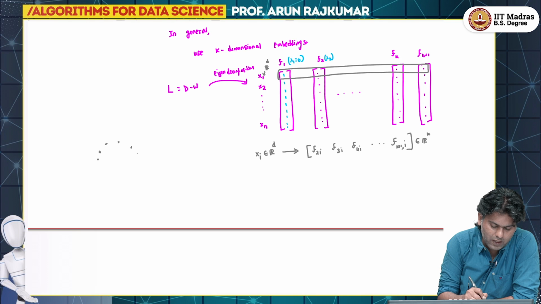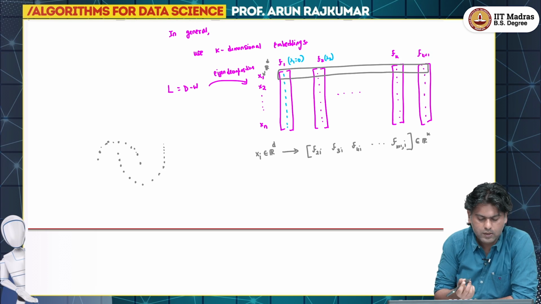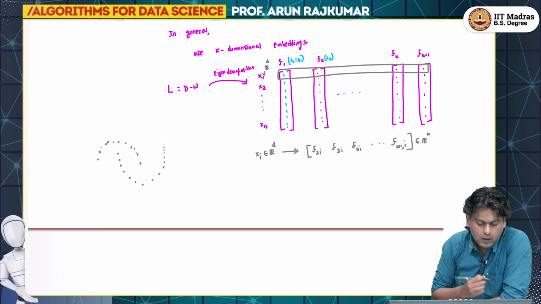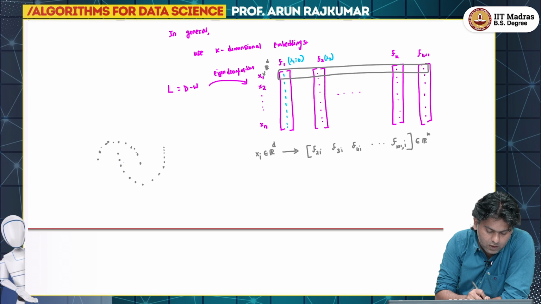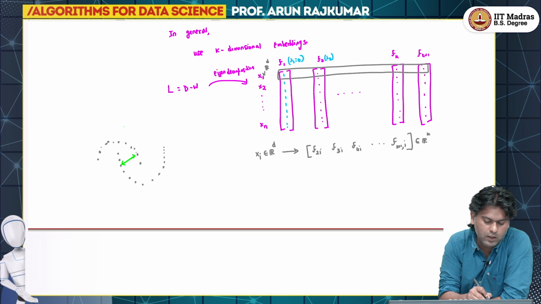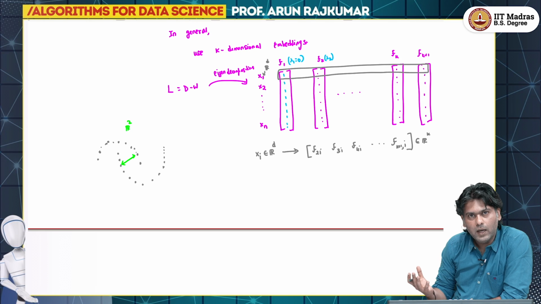So, maybe you might have a data set like this perhaps, and maybe you have a data set like this. This is just, let us say, the data points, and now what could potentially happen is, let's consider 2 points here. Now, these are closer in the original 2-dimensional space R2, but then maybe I take the eigenvectors.